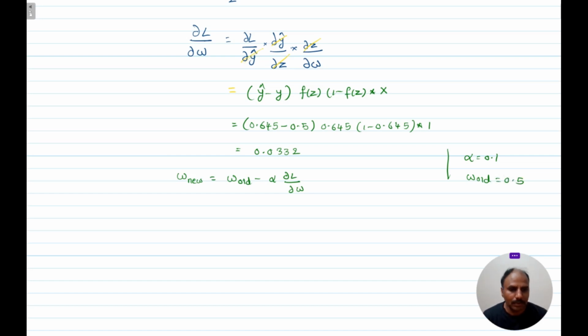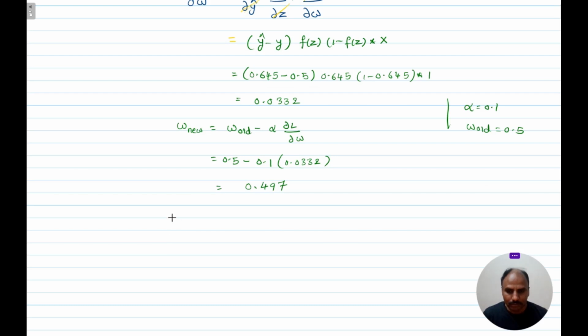So now 0.5 minus 0.1 into 0.0332 will give you the answer 0.497. So this will be the W new value.